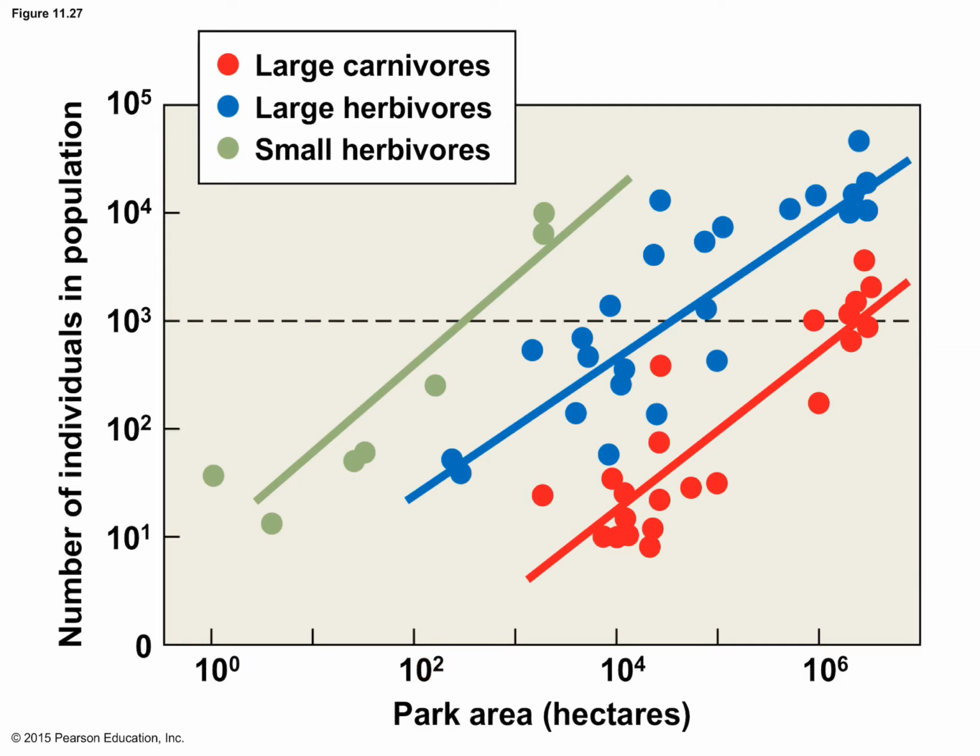Parks of more than, let's say, 10,000 are going to be needed to protect large herbivores, and parks of size of at least 1 million hectares will be needed to protect large carnivores. So big difference in terms of the MDA, minimum dynamic area, depending on what kind of species you're talking about: large carnivore, large herbivore, small herbivore.